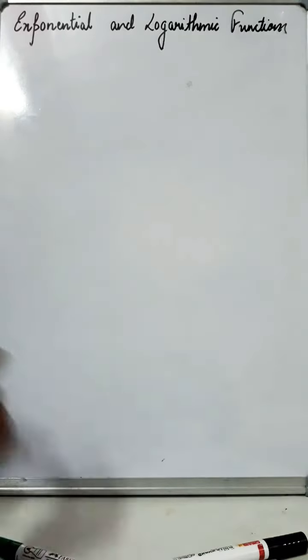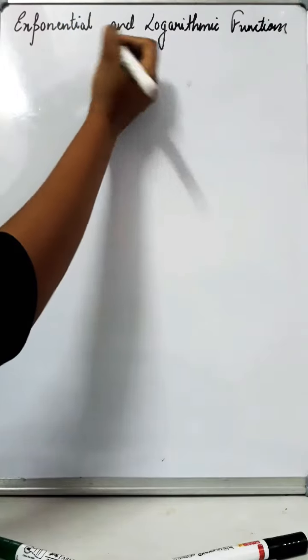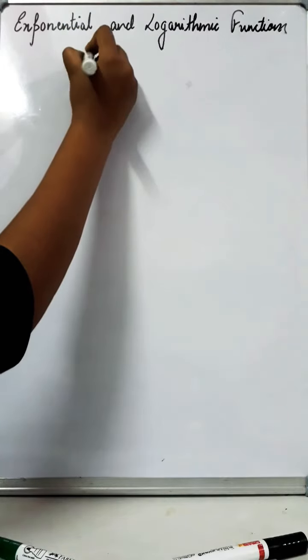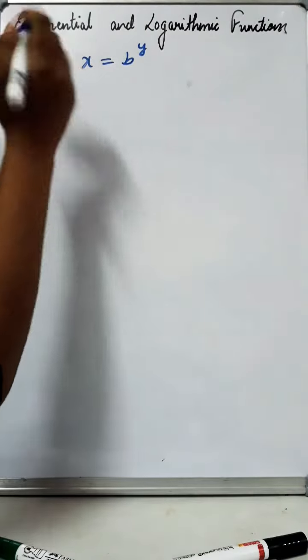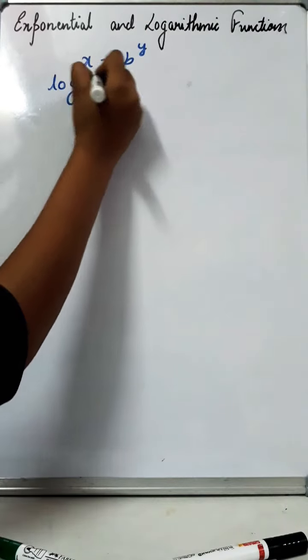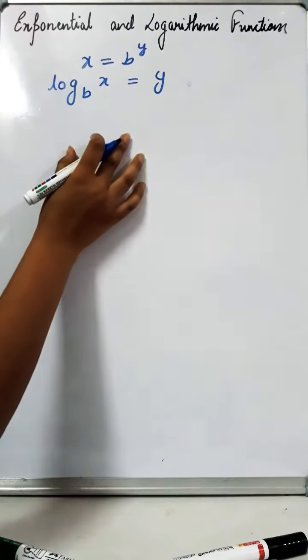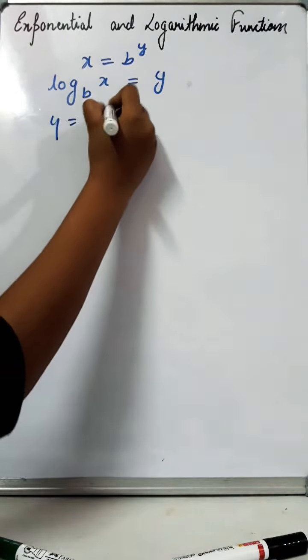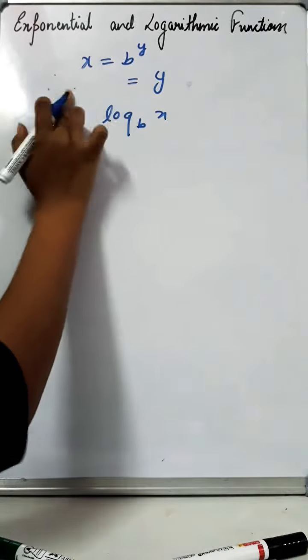Alright, now let us try to make the graph of log function. We have an exponential function as x is equal to b to the power y. Alright, so that means log of x to the base b is equal to y. Alright, means y is equal to log of x to the base b, the same thing.